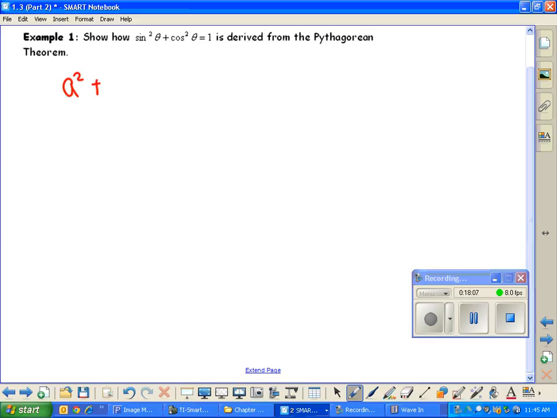A squared plus b squared equals c squared. That'd probably be a good place to start, considering they say they want us to derive this from this. So obviously we're starting with the Pythagorean theorem. Okay, so we're starting with the Pythagorean theorem, but it's in the context of the unit circle, so we should probably draw ourselves one of those.